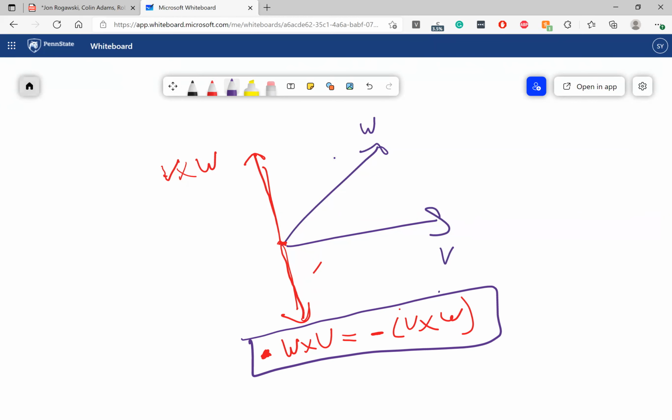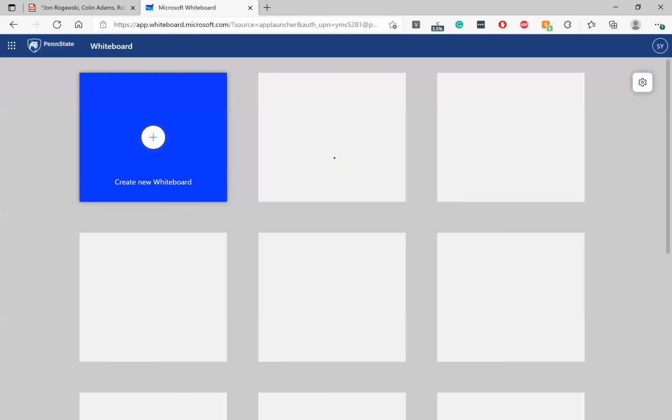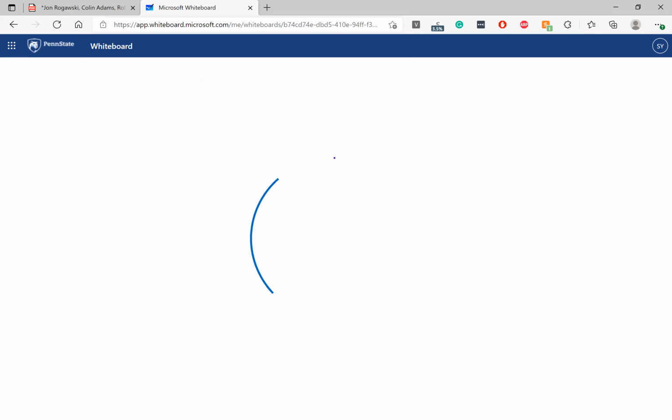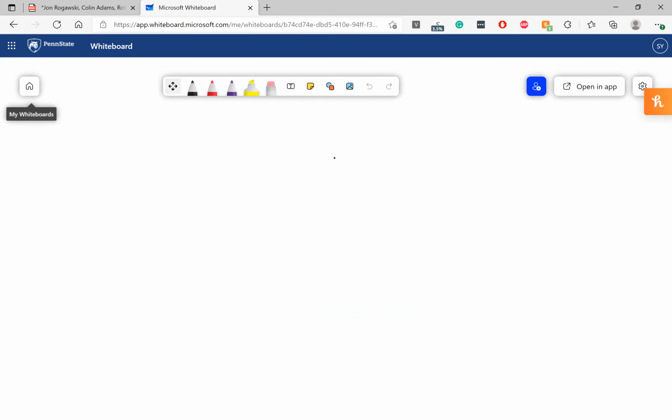Okay, let me leave this and start another whiteboard. Any questions? Yes. The property where the magnitude of V cross W is equal to the magnitude of V multiplied by the magnitude of W multiplied by sine of theta. Isn't sine of theta always going to be 1 because it's orthogonal?